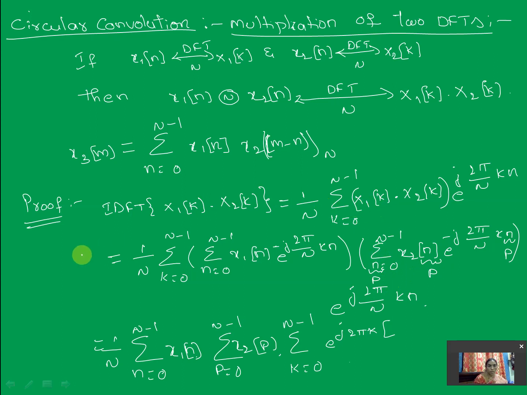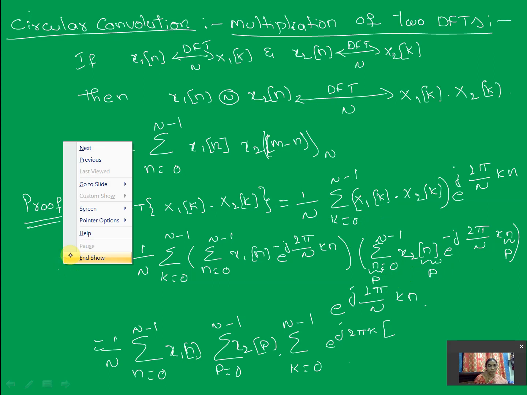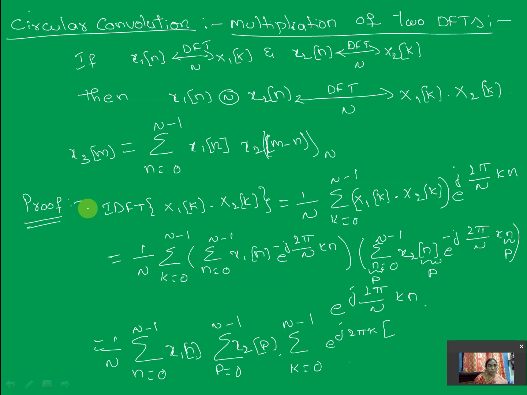Here I am using this one, IDFT of x1 of k, x2 of k, which is nothing but, for simplicity, x3 of m variable, not n variable. That's why here I use the symbol m. So this is nothing but x3 of m, already we wrote that definition also. In the exponential term, one n variable is there, but here that is nothing but the m variable. So use the m variable here. Now e power j 2 pi k common.